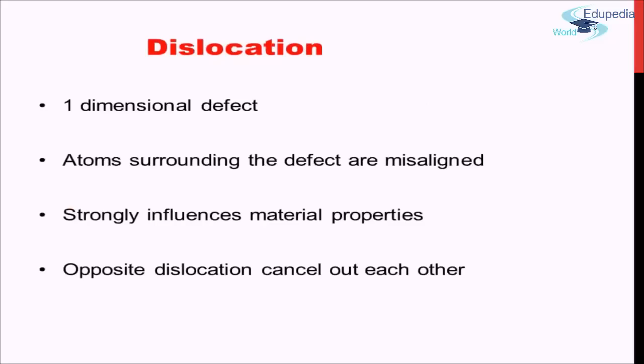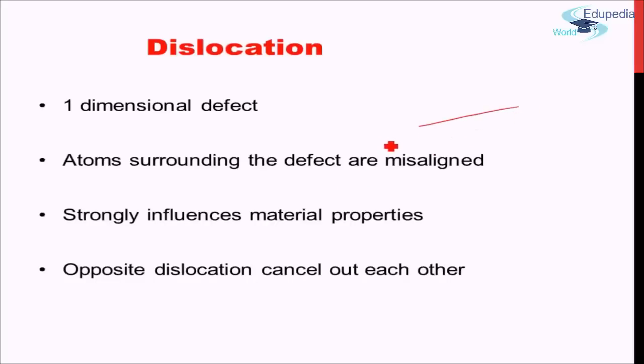A dislocation is basically a one-dimensional defect. As I already mentioned, it lies in one dimension, contrary to point defects which we discussed, which were zero-dimensional defects. In a dislocation, what happens is that the atoms surrounding the dislocation, let's for the time being assume the dislocation is a line, right? Let's assume this is a dislocation.